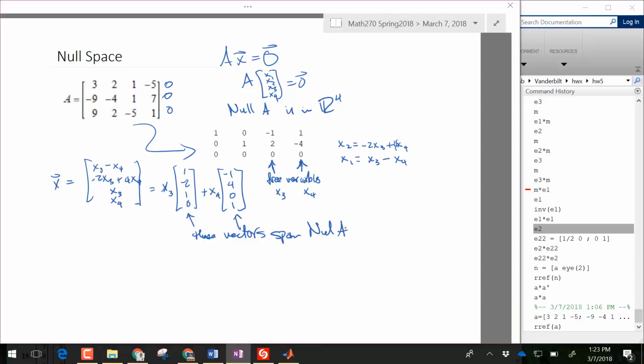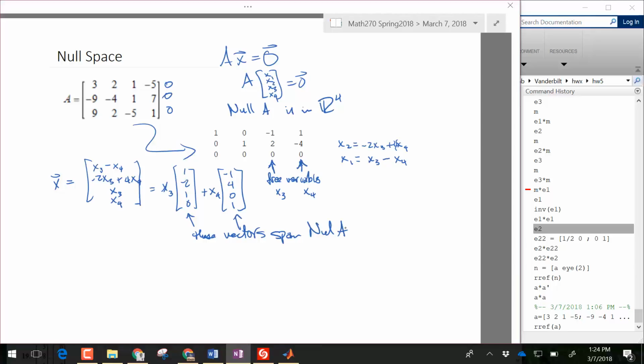In this case, x1 and x2, how we have it represented here, are dependent on x3 and x4. Good. So x2 can be represented as a linear combination of x3 and x4. No, we don't want to say that, because in this particular scenario, the x's are not vectors.